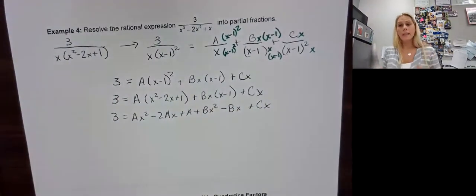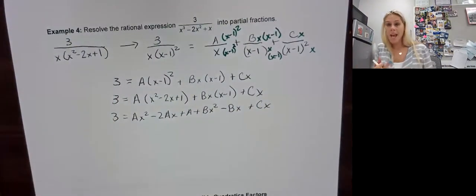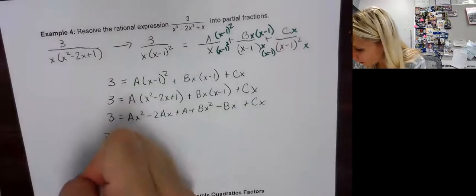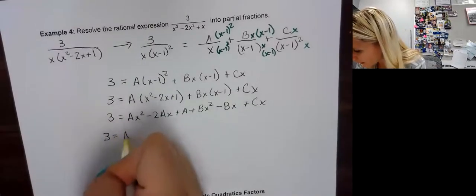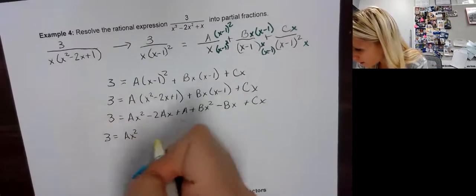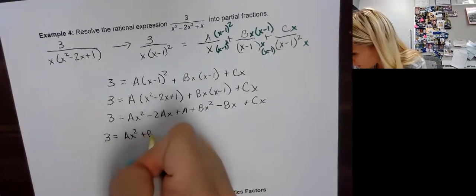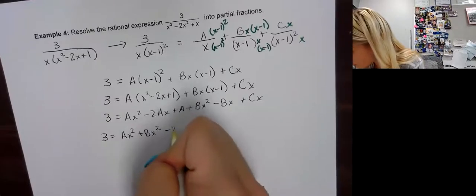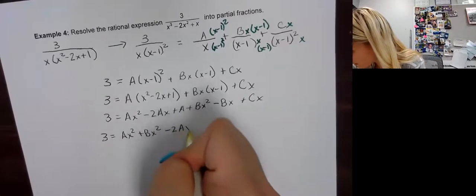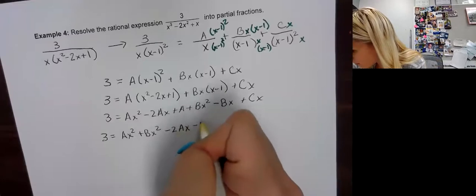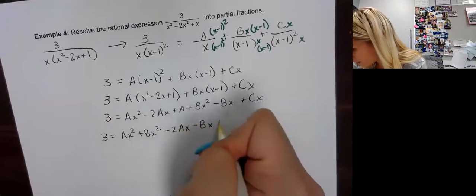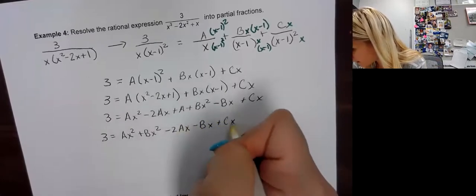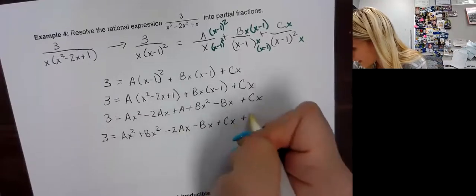Okay, in this case, because I have x squareds and x's, I'm going to put them all together with their like terms. So I get 3 equals ax squared, plus bx squared. Now I get my x's. I have a minus 2ax minus bx plus cx, and then plus a.